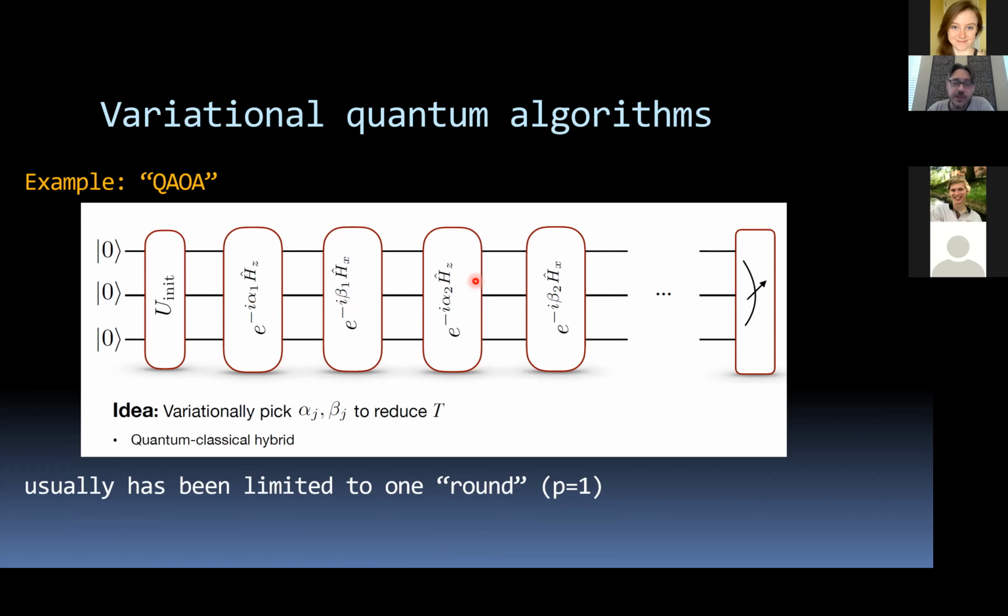So you can imagine that this is a hybrid classical quantum algorithm, where the quantum hardware is used to run this circuit, and then the classical algorithm takes the results of that, just viewing it as a black box, and optimizes the alpha 1 and beta 1 according to standard optimization techniques.